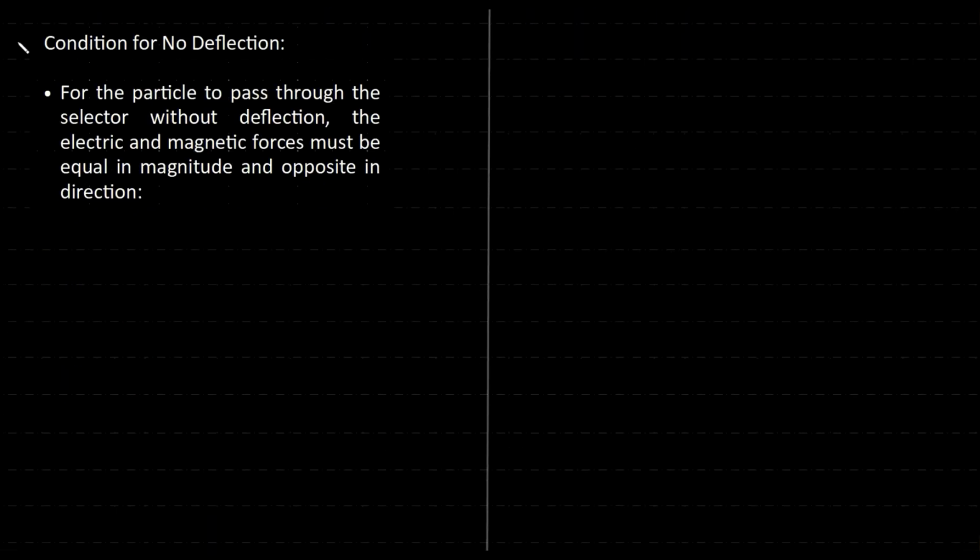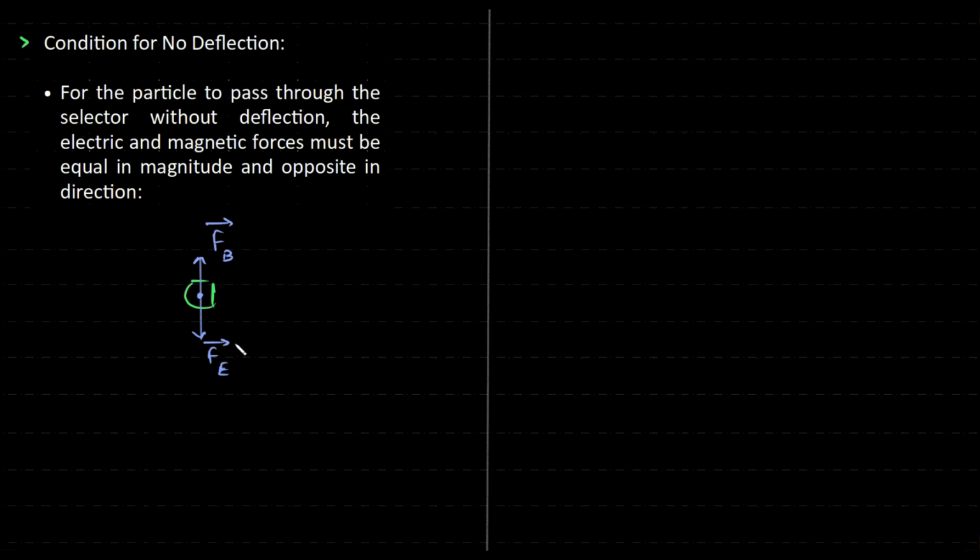Condition for no deflection is the following. We have a particle experiencing two forces, right? One is upwards, one is downwards. Doesn't matter, whatever the cause may be, how can I make it not go up or down? Yes, these two have to be the same.